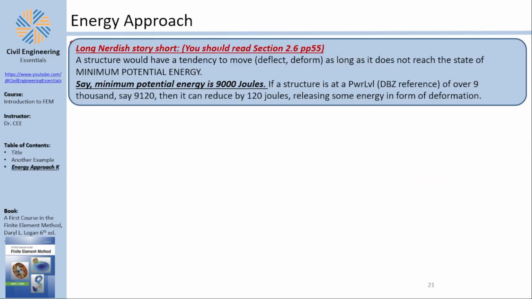First of all, I will not be covering it right now because it might be overpowered for this section. You should read section 2.6, page 55. Basically, what is the idea of an energy approach? A structure would have the tendency to move as long as it has not reached the minimum potential energy. Let's say that for a structure, the minimum potential energy is 9,000 joules.